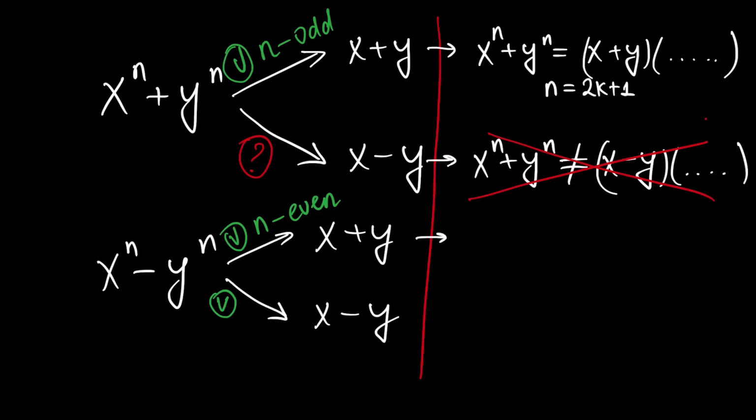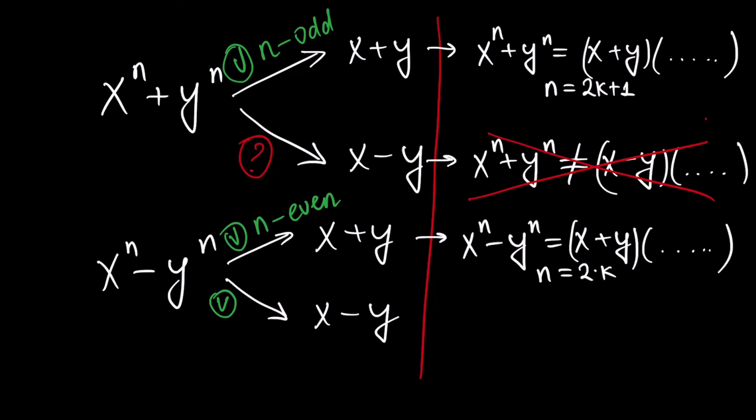In this case, when n is even, we also have a representation of x to the power n minus y to the power n. For n which is even, or can be represented as 2 times some integer number k, it is equal to x plus y times some polynomial.